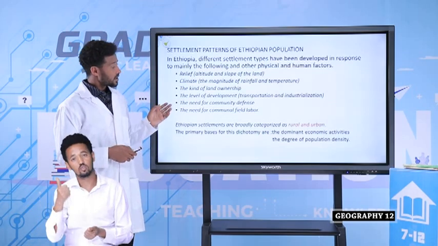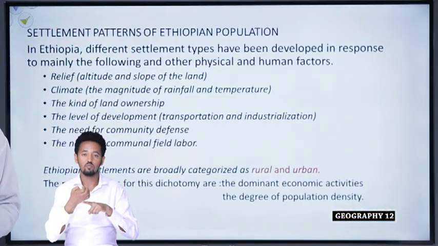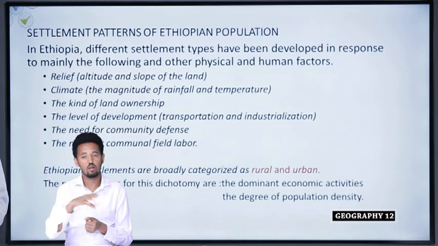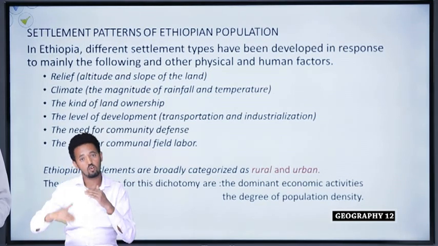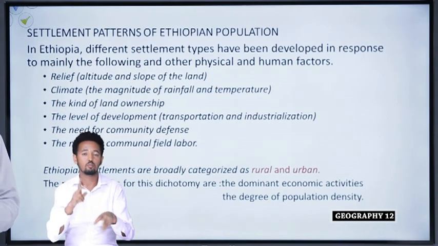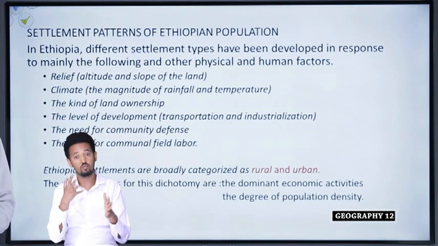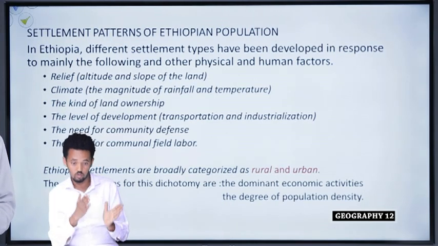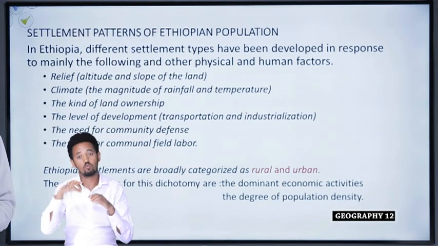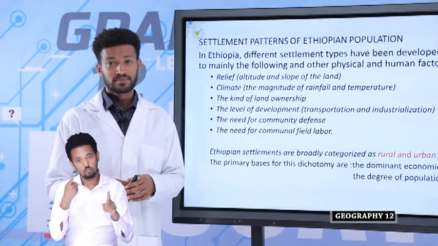Another one is the need for community defense. As you know, most of the African peoples were under the colony of different European countries. At that time, the people of the country needed to defend themselves from enemies. For this, they needed to be on the highland parts of the country, in order to protect themselves from their enemies.